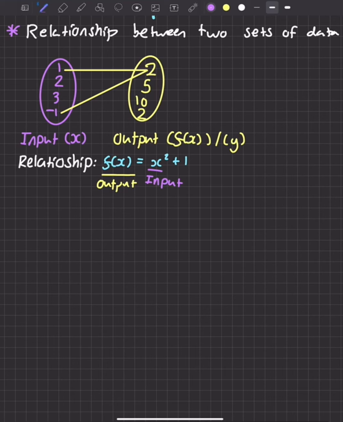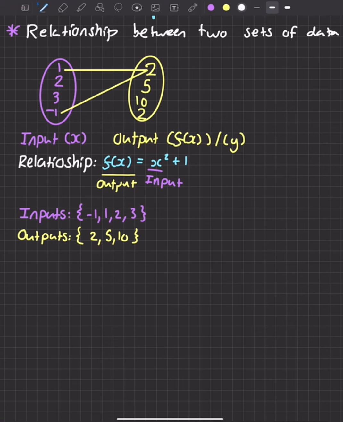So now you have your inputs, right? So your inputs are minus 1, 1, 2, and 3. And you also have your outputs, which are 2, 5, and 10. Now, how would you talk about inputs and outputs using mathematical language?